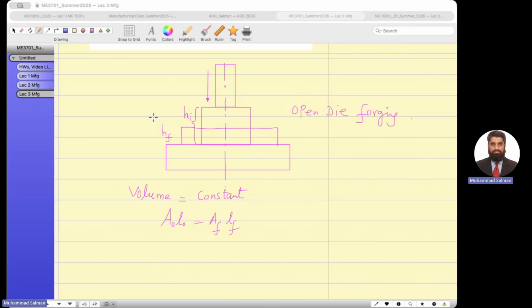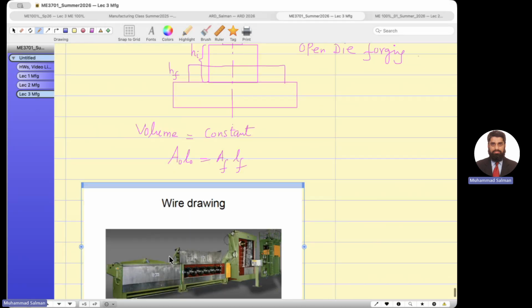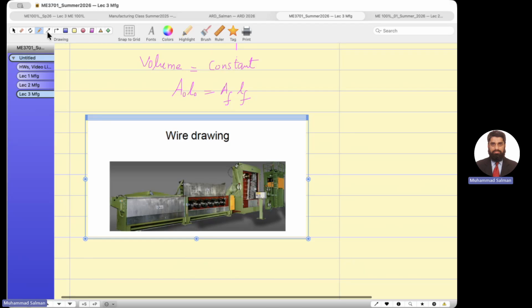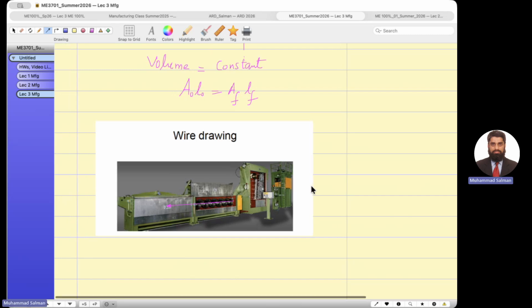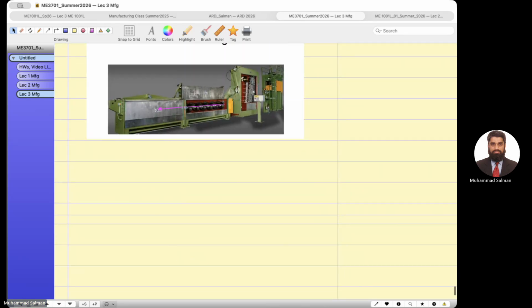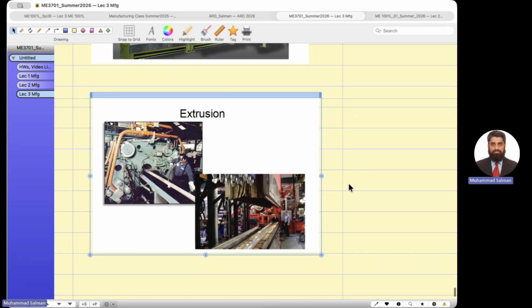Okay, wire drawing process. This machine is a very large machine, and these are some motors which are pulling the wire, and it is also cooling down as well. Extrusion process. There is a backward force, extrusion force.